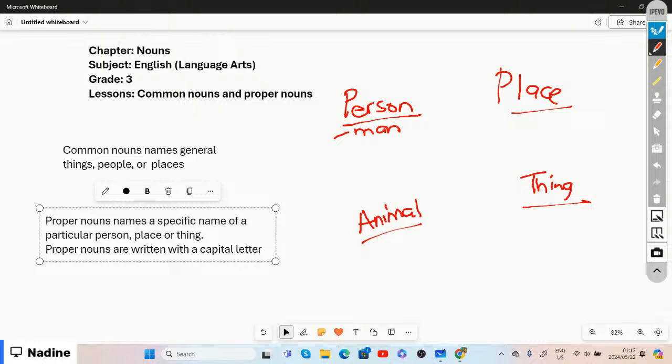So we have man. Give me another word that we can put under person, a noun. A noun can either be general, like a common noun, or it can be a proper noun, which is the name of a person.